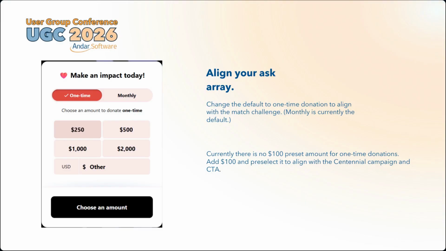This one's a little more obvious because it's a centennial campaign, so making sure that there is a $100 level makes sense. It just depends, it might be something that is aligned to your mission. We also really take a look at, again, the donation averages and the mean and the mode to make sure that we're asking for the right amounts on your donation page.